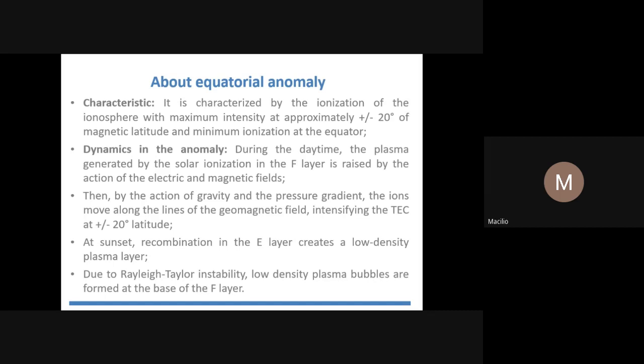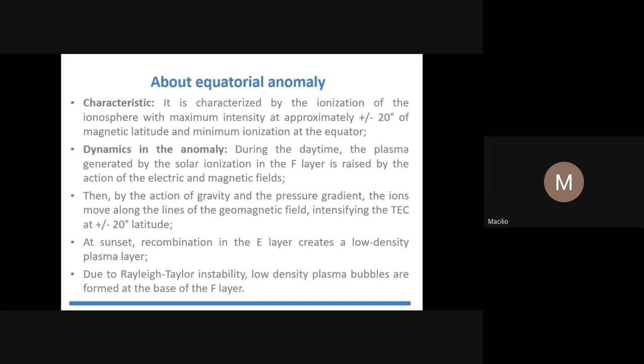After sunset, there is no action of the sun. Then the recombination between the ions starts, in such a way that in the E layer it creates a low density layer.